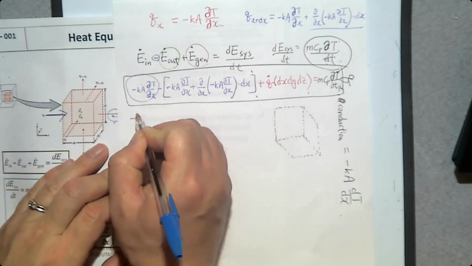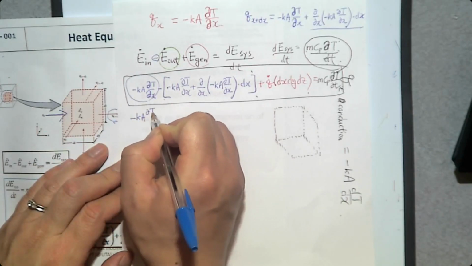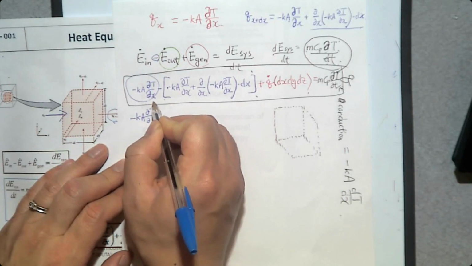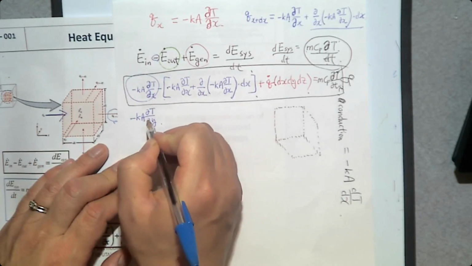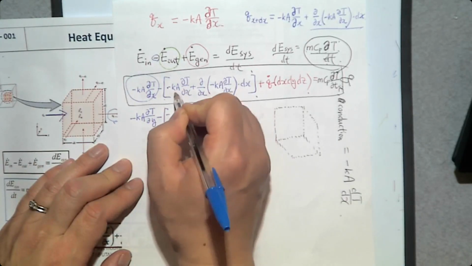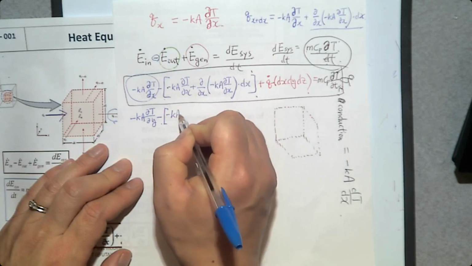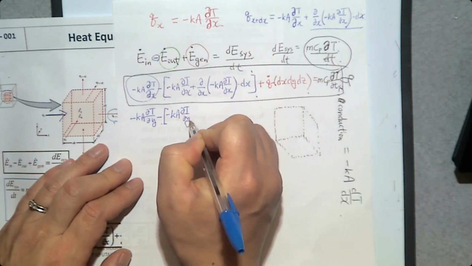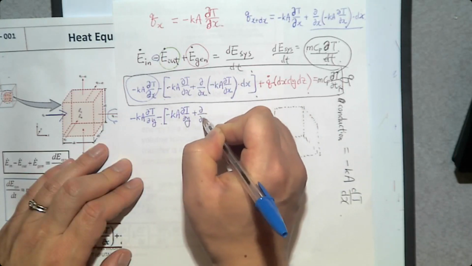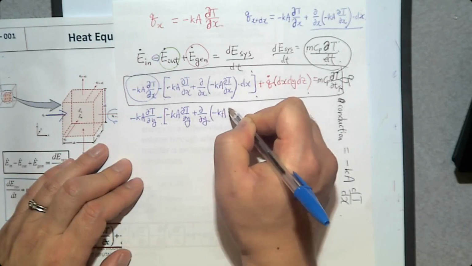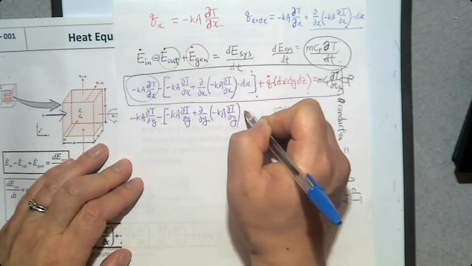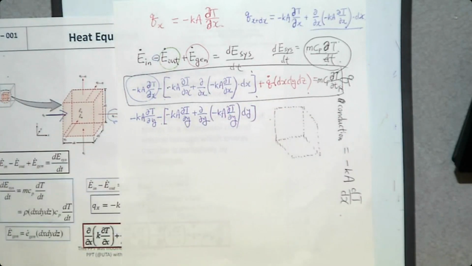The same thing: minus kA partial T over partial y, and the second term, the first two terms of the Taylor series in the y direction, minus kA partial T over partial y plus partial over partial y of minus kA partial T over partial y times dy. That's incoming and outgoing heat conduction in the y direction.